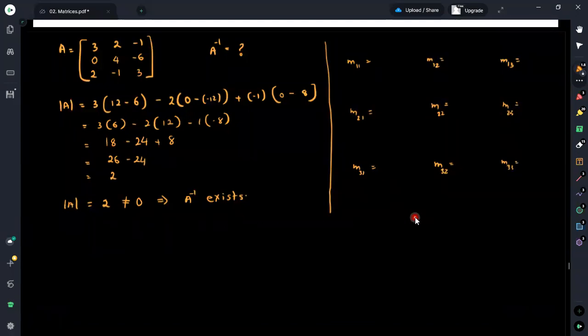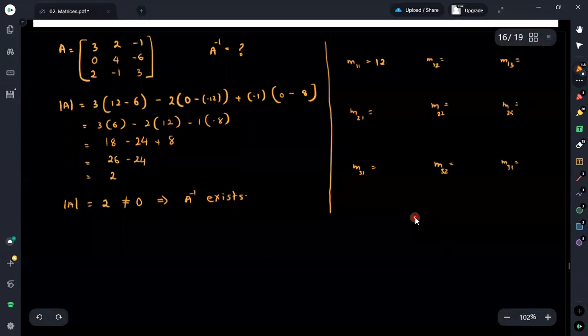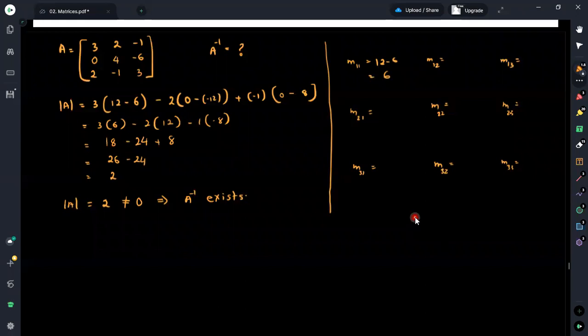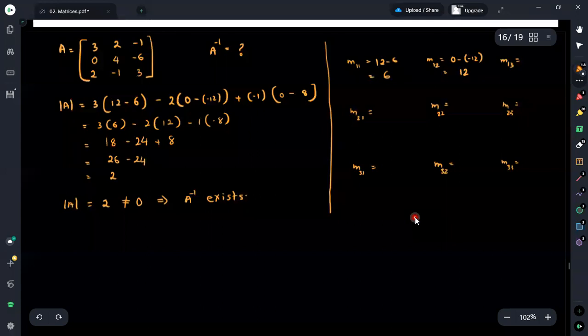For the first row elements, 3 is cut off, first row and first column cut off, then 12 minus 6 is here, value is 6. Then M12 can be taken as first row with second column cut off, then 0 minus 12, value is minus 12. Then first row with third column, then you'll get 0 minus 8.